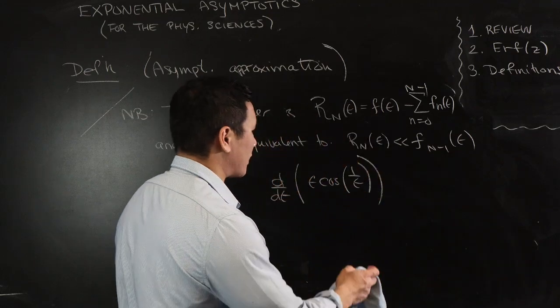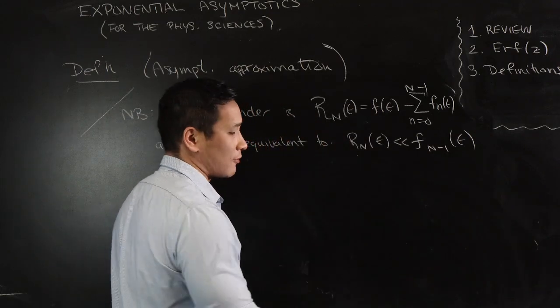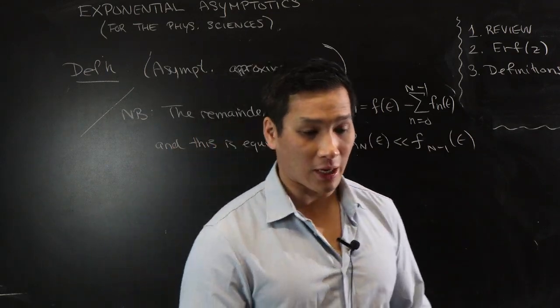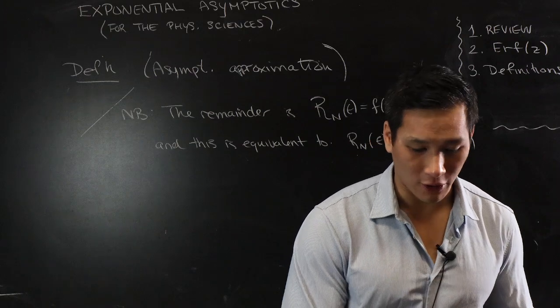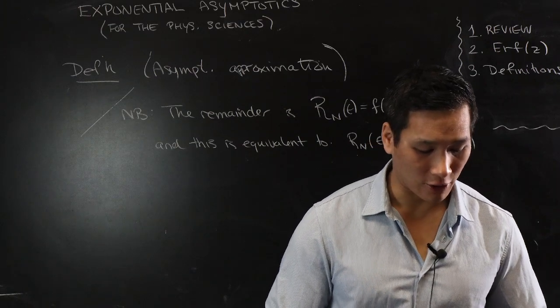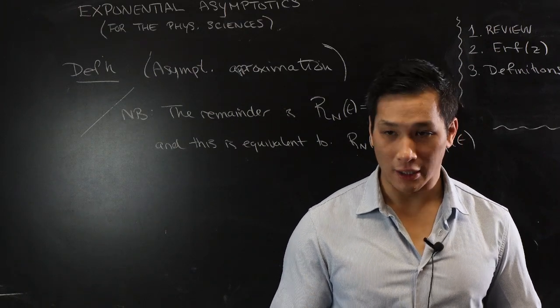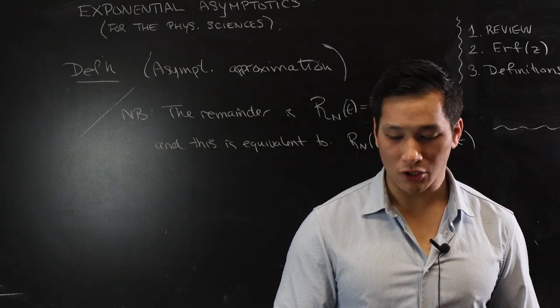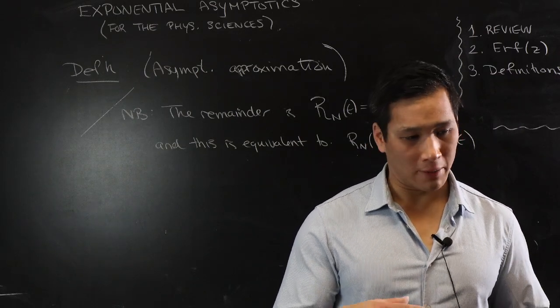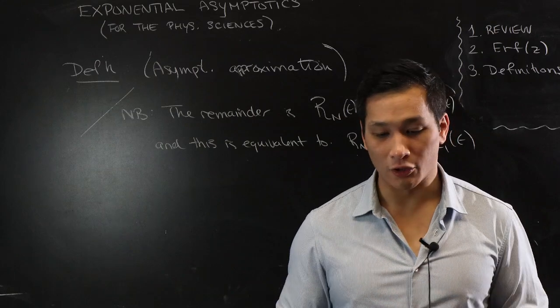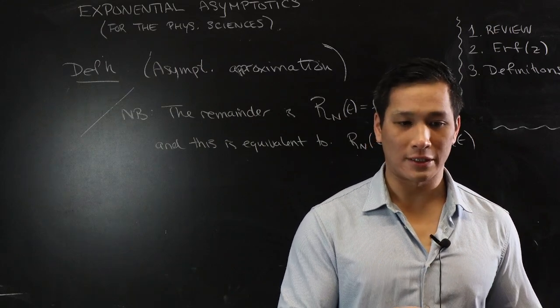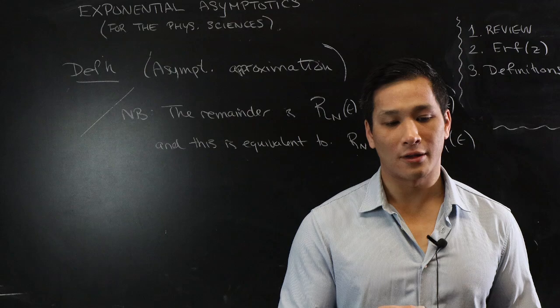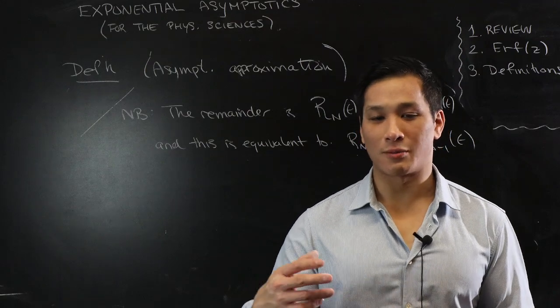The other thing to mention is that you can have multiple asymptotic approximations. Asymptotic approximations of a function are not unique, and we'll give you an example of that in the next lecture. Primarily, the next few lectures are about reviewing some of the techniques in asymptotics that we're going to need as we go into the more advanced asymptotic section.